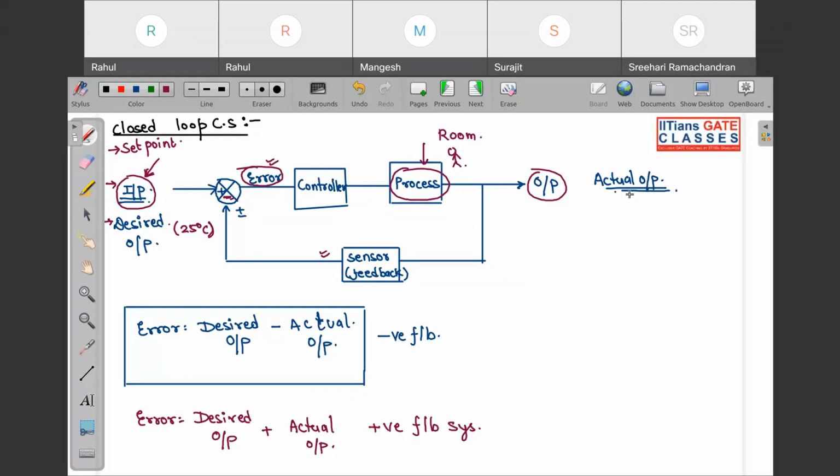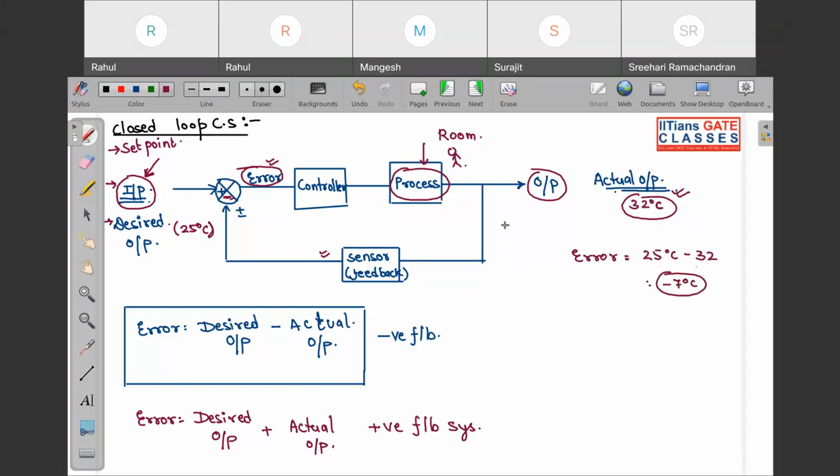Suppose when you initially switch on the AC, your room temperature is somewhere around 32 degrees C. Slowly your actual output starts to get near your desired output. So the error will be desired output 25 degree C minus 32 degree C, so that is minus 7 degree.